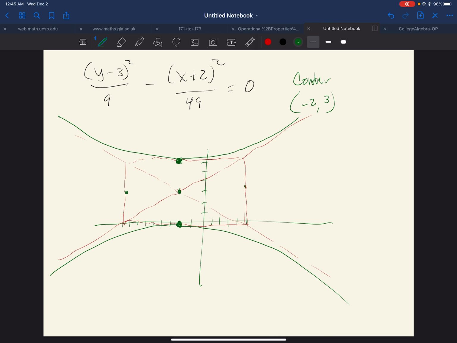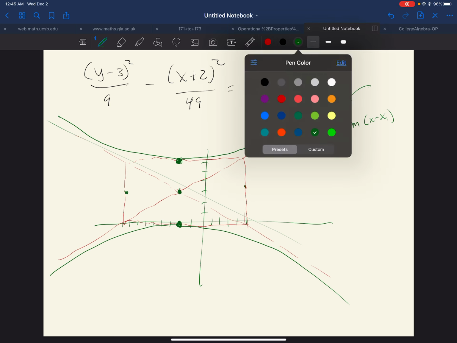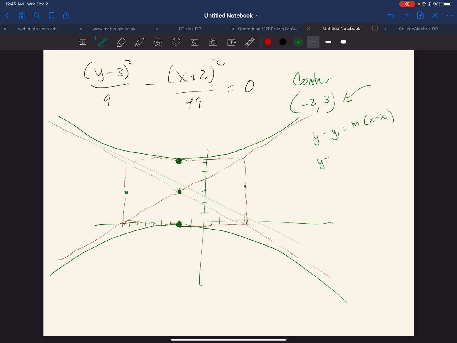I know a point on both of these lines. That point is the center, negative 2, 3. So what I'm going to do is this, and I know the slope, because on this line, what did I do? I dropped 3 and ran 7, right? So my slope should be negative 3/7. So I'm going to say this, using y minus y1 equals m times x minus x1, then y minus 3 should equal, what was that slope again?